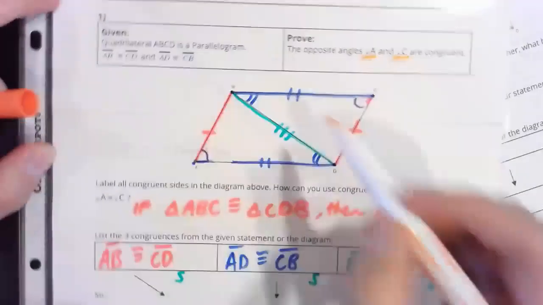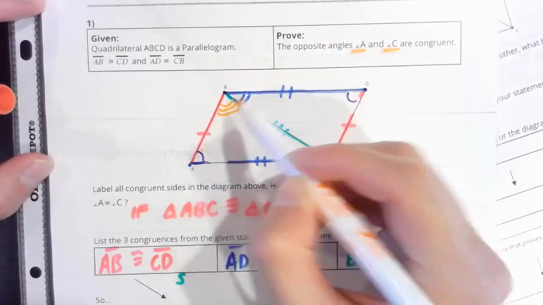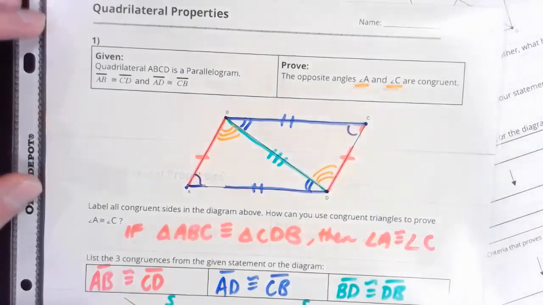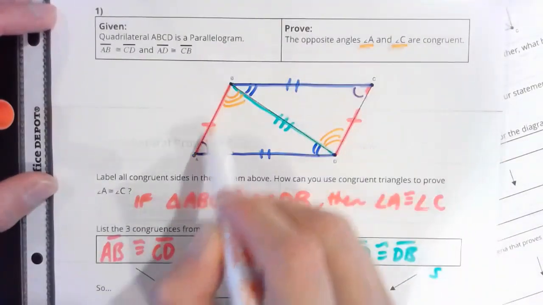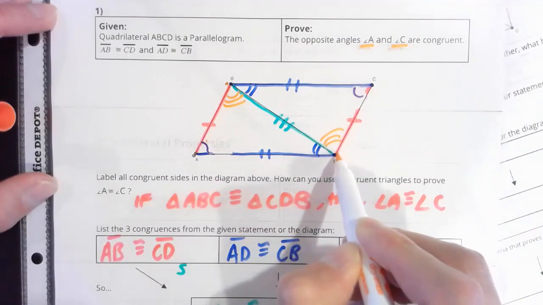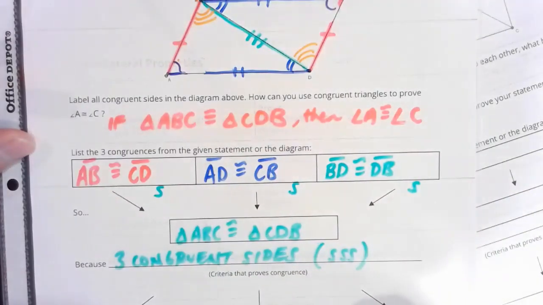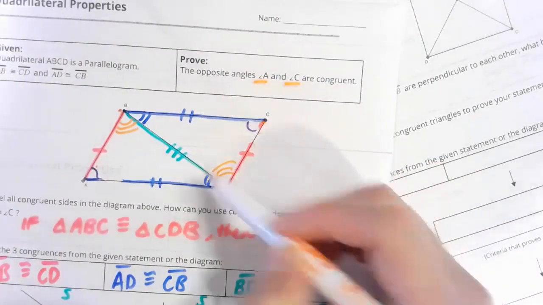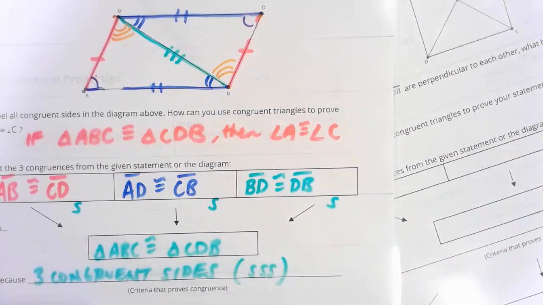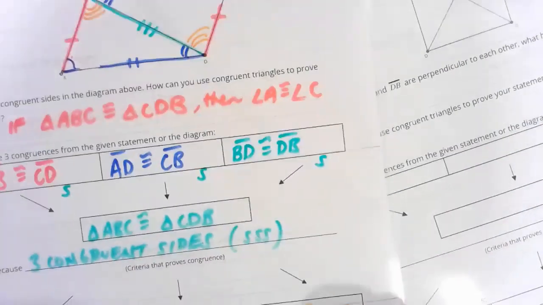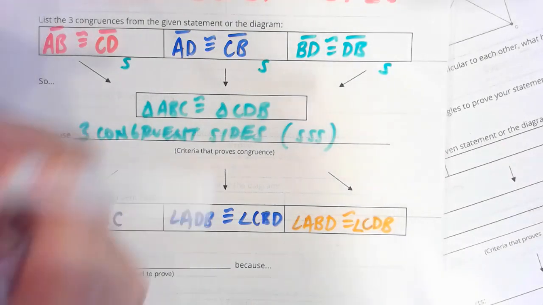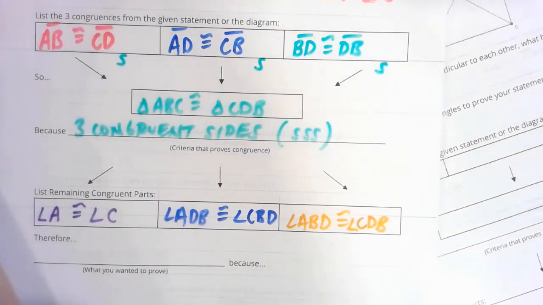And last is this third angle up here. That's being congruent to this third angle here. So this is angle ABD is congruent to angle CDB. Okay, so those are all the remaining parts of the triangles that I now know are also congruent.